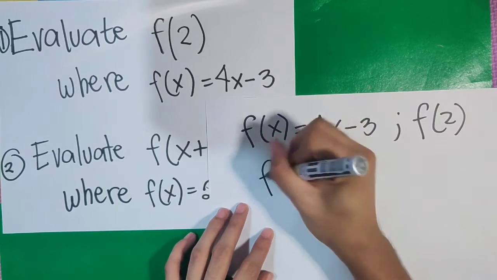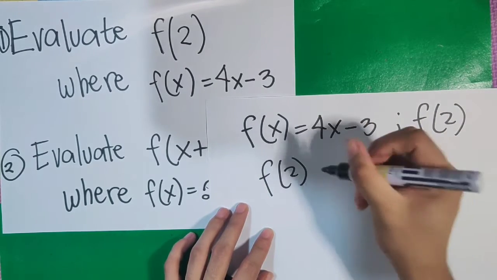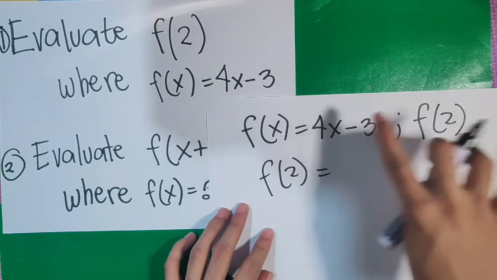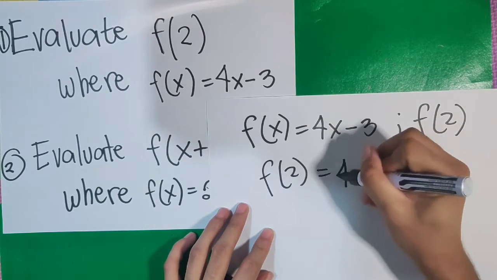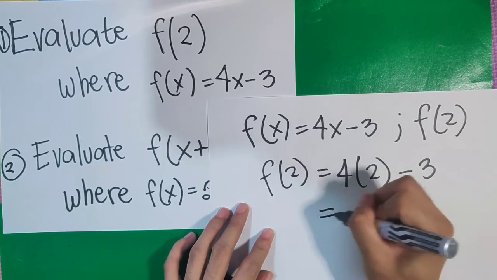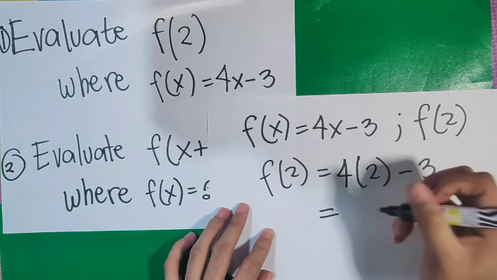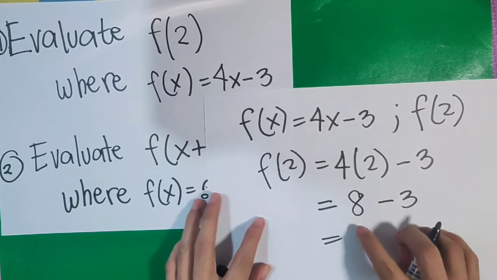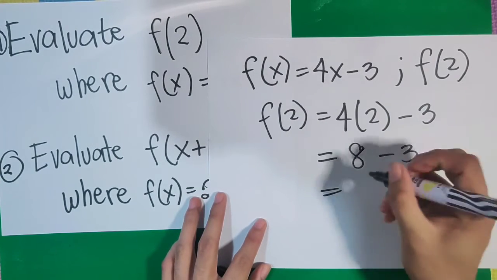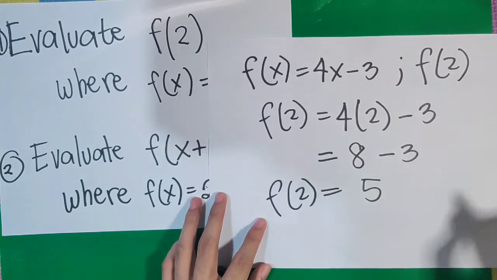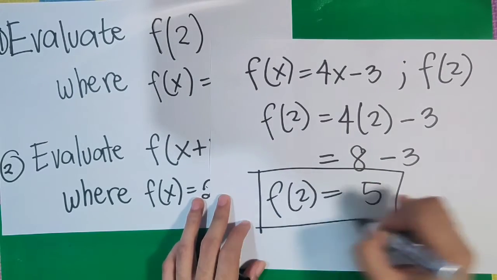So f of 2 equals, we need to substitute 2 for the value of x. So 4 times 2 minus 3. So 4 times 2, we get 8, minus 3. So 8 minus 3, we get 5. So f of 2 of the given function is 5.